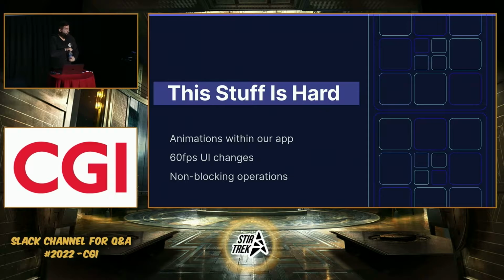Can you include state changes or updates to your app that are going to run constantly and be 60 frames per second, or 60 FPS? Making sure that your app includes all that and does it, all while maintaining that performance and not blocking the main thread. These are things that we're going to look at, but to state the obvious.